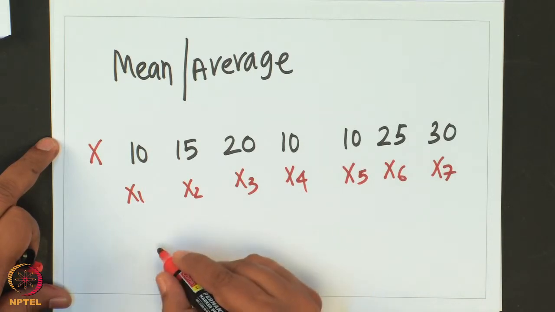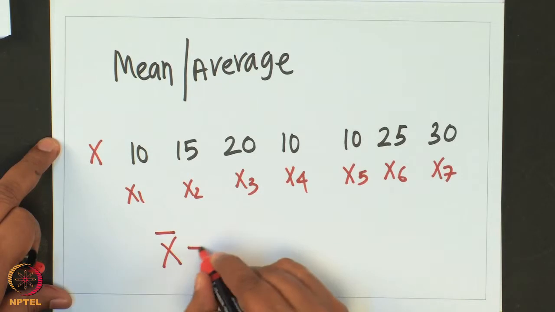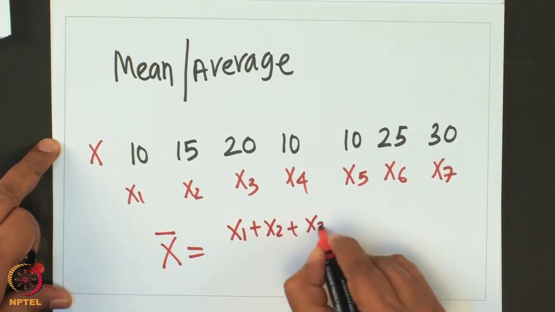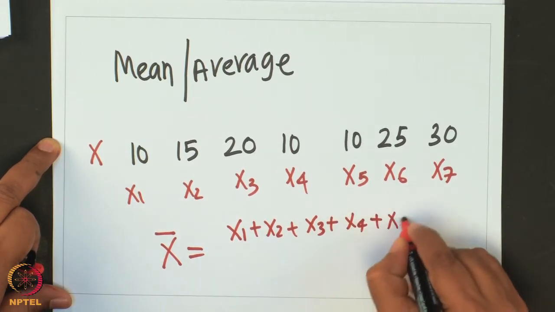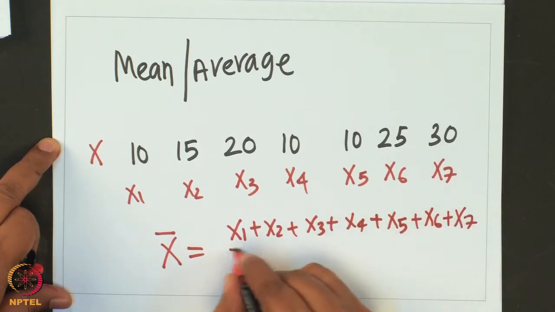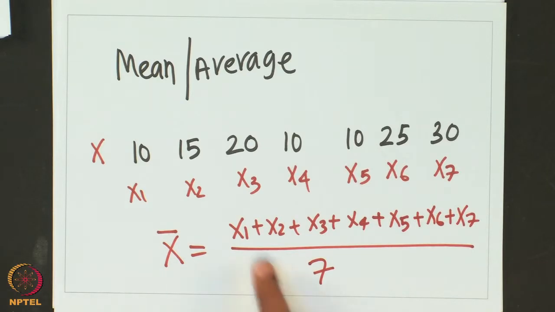We would calculate this quantity called x bar, which is nothing but x1 plus x2 plus x3 plus x4 plus x5 plus x6 plus x7, divided by 7. This is called the mean or average. So we would calculate the average of these numbers.